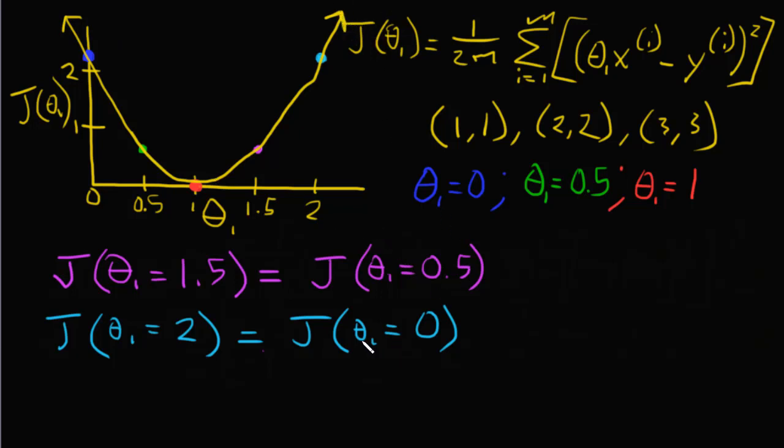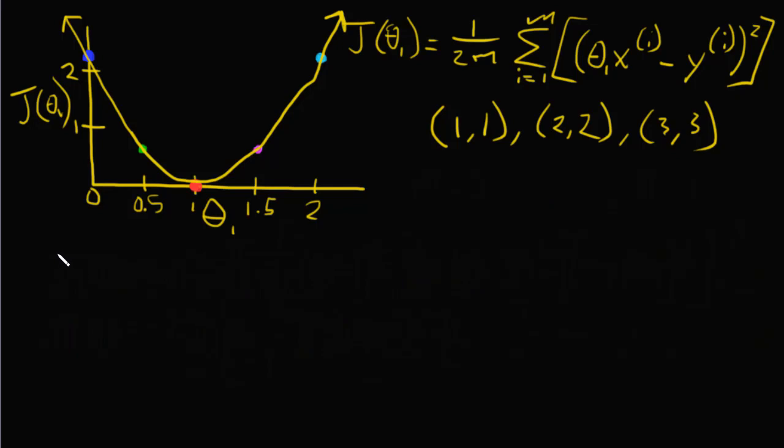And this parabola, I give it a theta 1, a slope, and it tells me the cost associated with that slope. Now that we have this graph developed, it's time to actually go through the algorithm and see how the linear regression algorithm chooses the best fit every single time, no matter what type of slope we start off with as a guess. So let's try that.